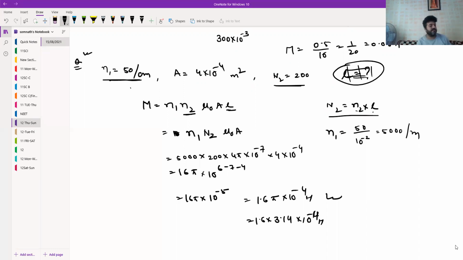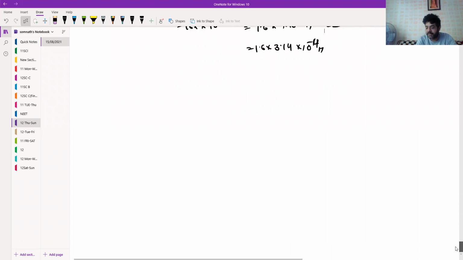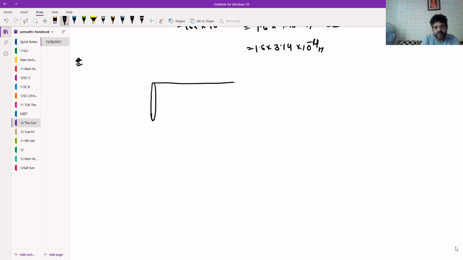After that, one more question which is very, very popular. That question is this one. Two coaxial solenoids. This is the first solenoid, on a common axis.